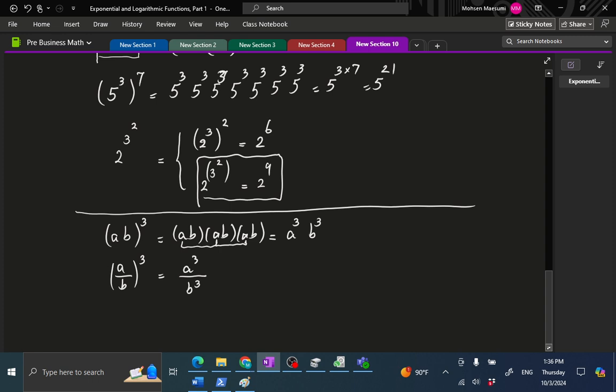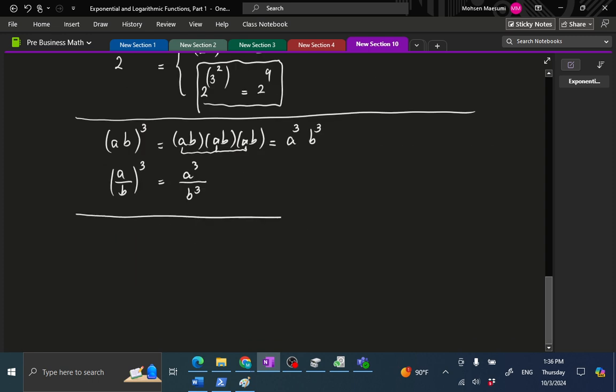Let's do a combination exercise here. If I have a squared b over c cubed d to the power of 4, all to the power of 5, how would you simplify it? This is the old exponent, this is the new exponent.